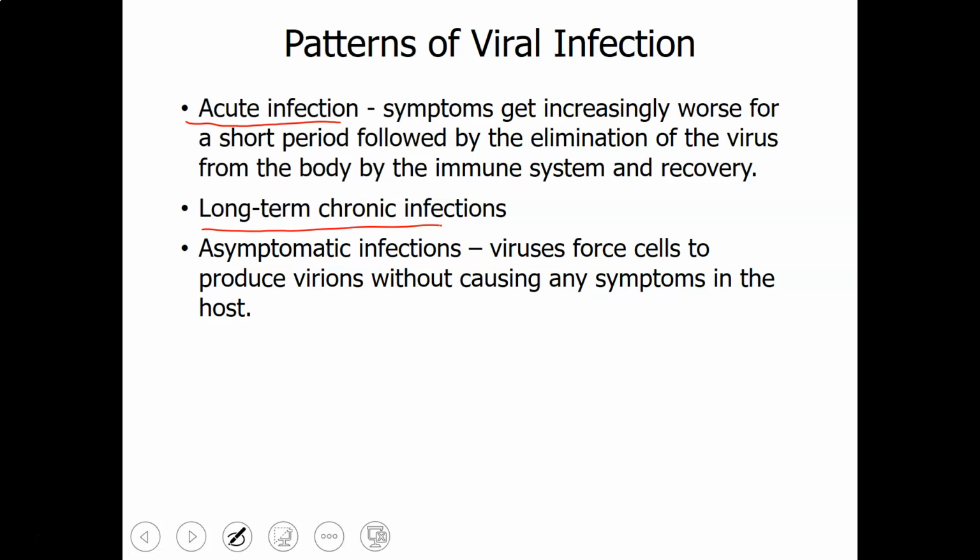Hepatitis C would be an example of that. You may have heard of people getting hepatitis C, and that is chronic hepatitis. And then there are infections that are asymptomatic. Some people who are infected with COVID-19 virus are actually asymptomatic. They're not showing any symptoms at all, which is one of the reasons that this virus is so difficult to contain.